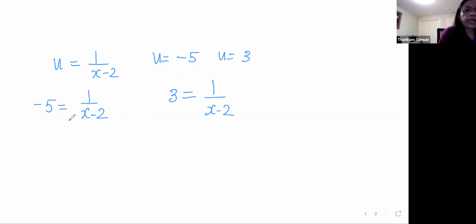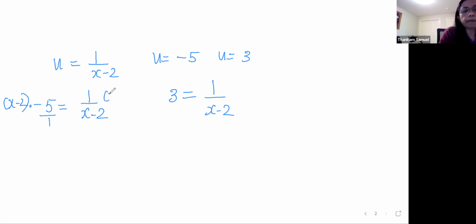You can see that these equations are rational equations. To solve a rational equation, we can multiply both sides of the equation by the common denominator. In this case, the common denominator is x minus 2. So multiply both sides by x minus 2. You know that the denominator of negative 5 is just 1.